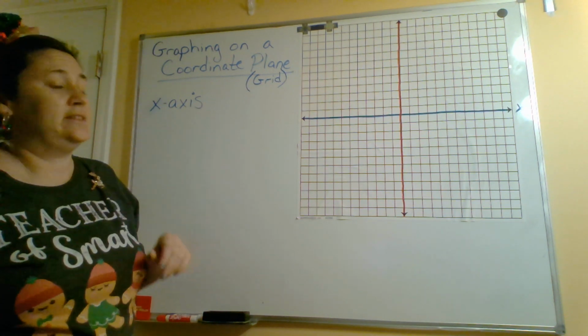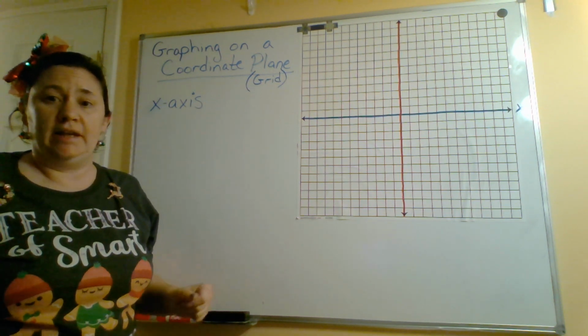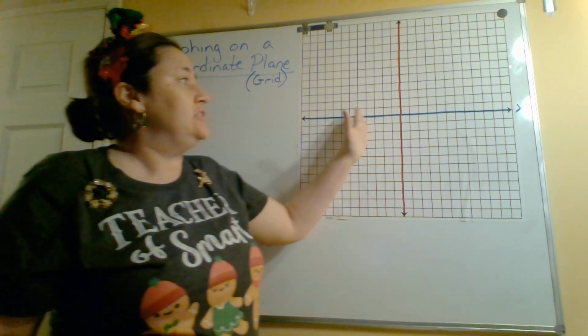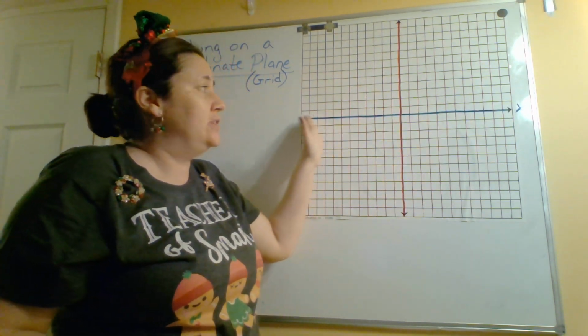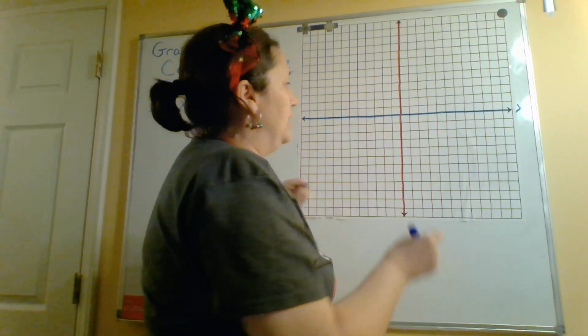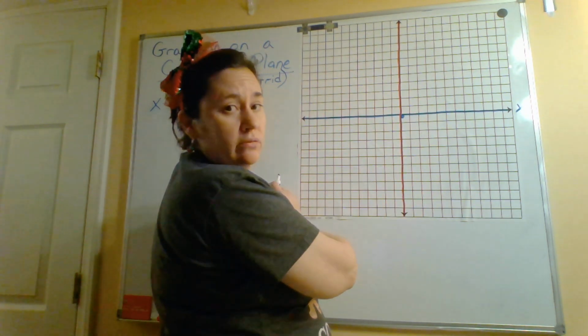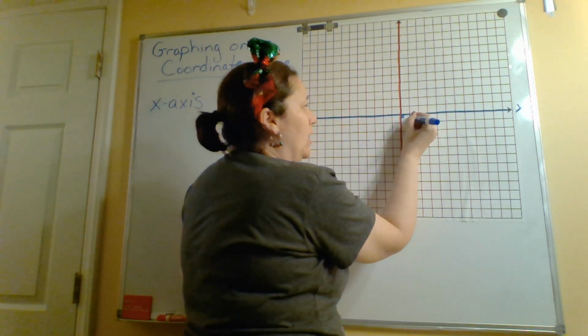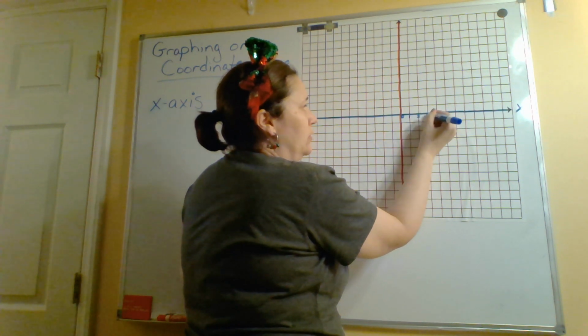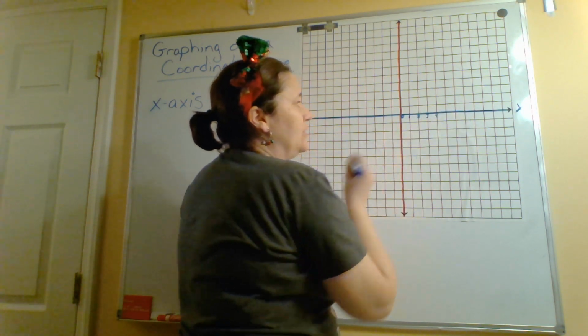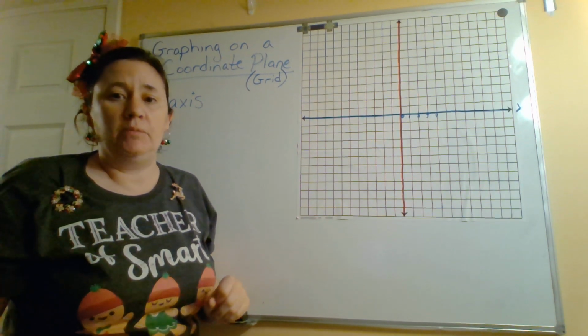So the x-axis is called the x-line, basically. It's a line that's just like a number line. It goes left to right. Right here in the middle is 0. That's where x equals 0. This is the number 1. This is 2, 3, 4. This is just like a regular number line.